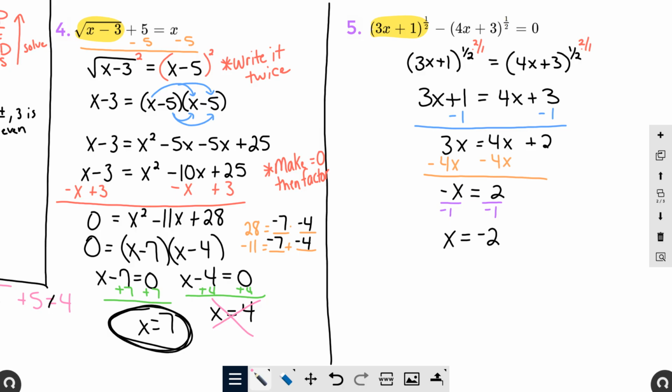And the last thing we want to do is plug it back in to double check. This one's kind of a long one to plug it back into, but it's 3 times negative 2 plus 1 to the 1/2 power minus 4 times negative 2 plus 3 to the 1/2 power. We want to say, hey, does that equal 0?